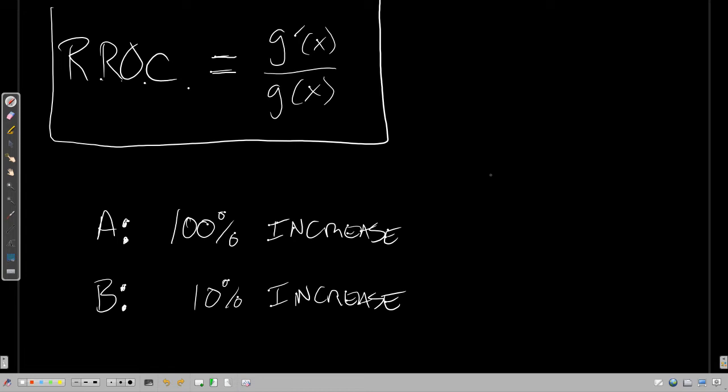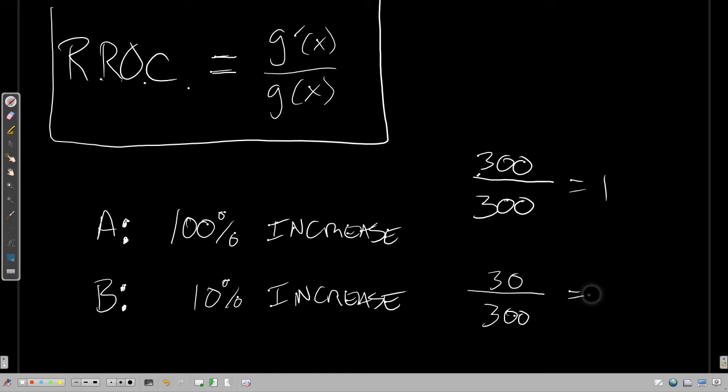You know, what might simulate this? Well, if the price per share was $300 and you knew that it was going to go up by $300, that's a 100% increase. But if it was only going to go up by $30, then that is just a 10% increase.